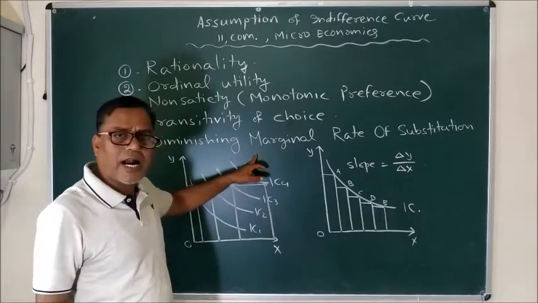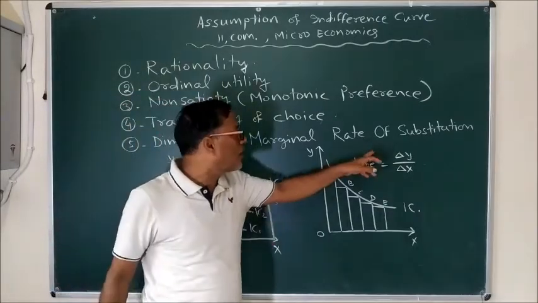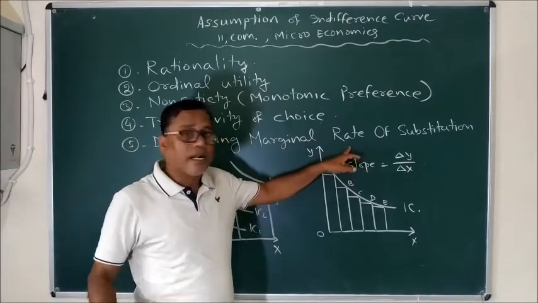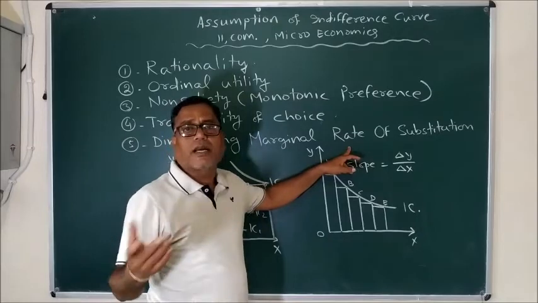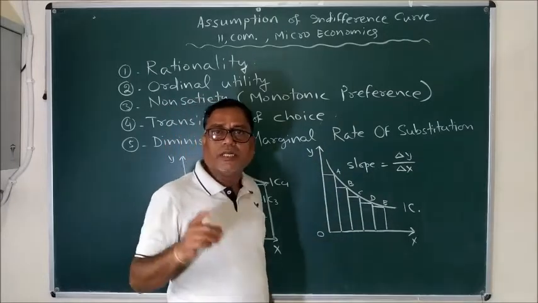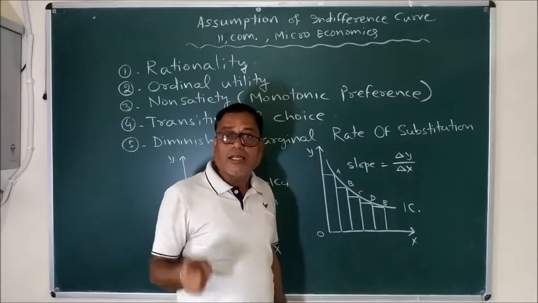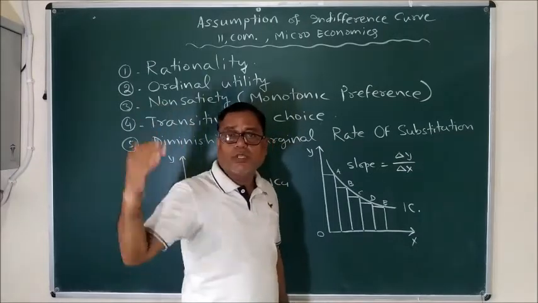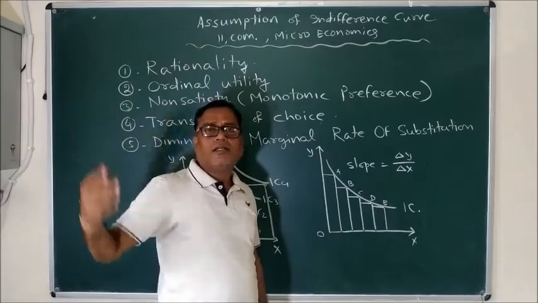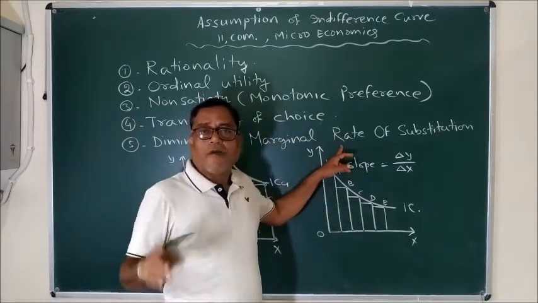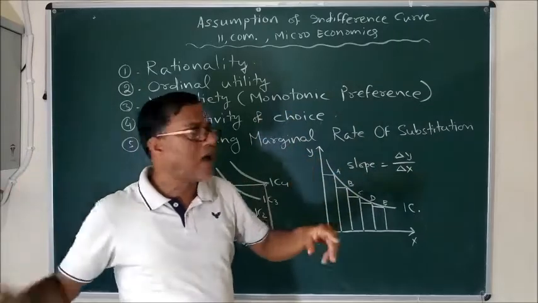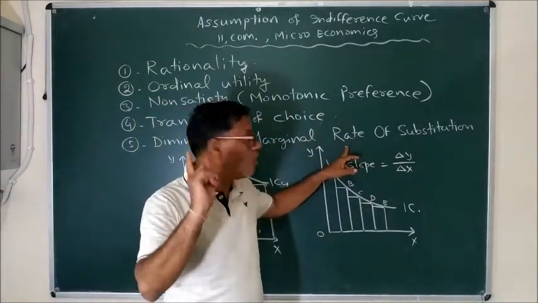The first one is to consume more of both X and Y. Income and prices being constant, it is never possible that with his limited budget our consumer can increase the consumption of both X and Y. If he tries to increase the consumption of X, then he has to reduce the consumption of Y. Or if he is trying to consume more of Y, then he has to reduce the consumption of X. That's why his first preference, more of both goods X and Y, is never possible.